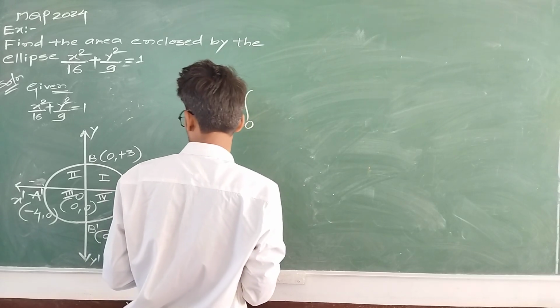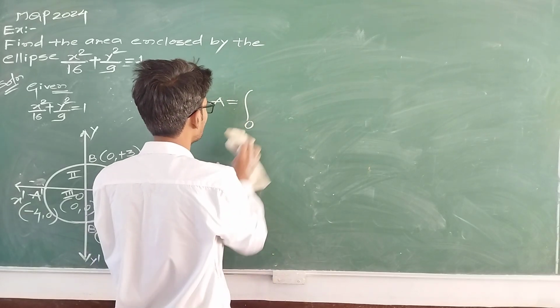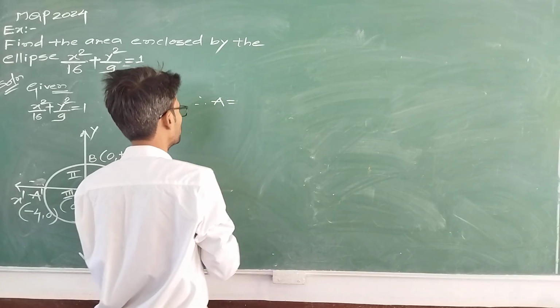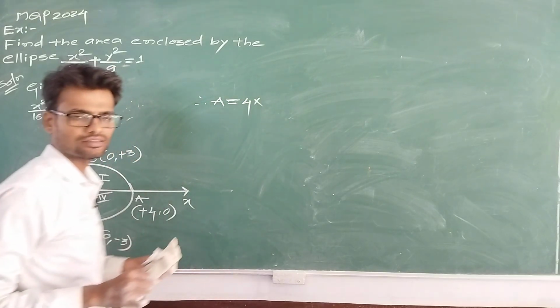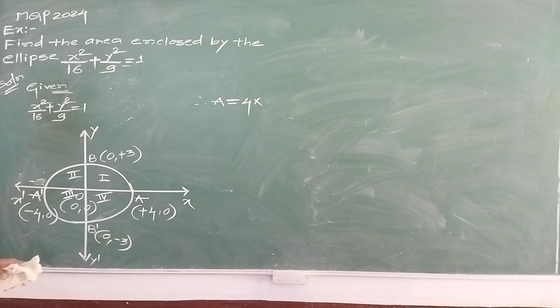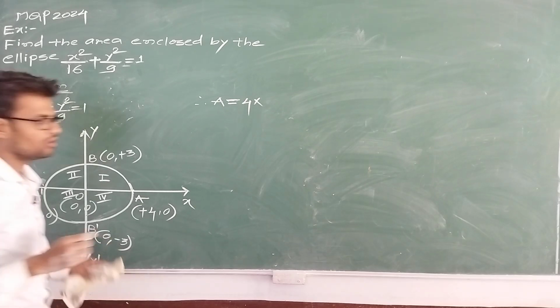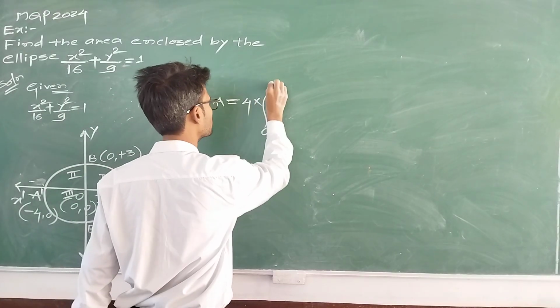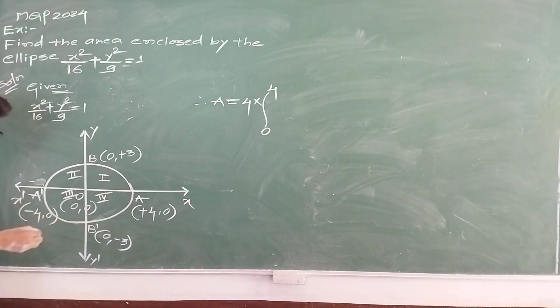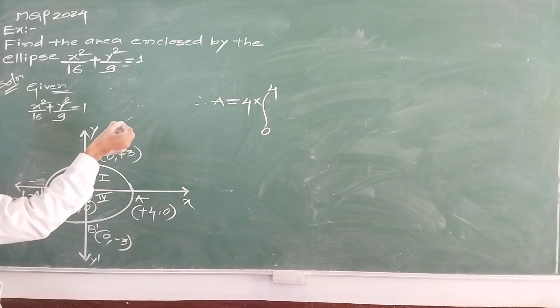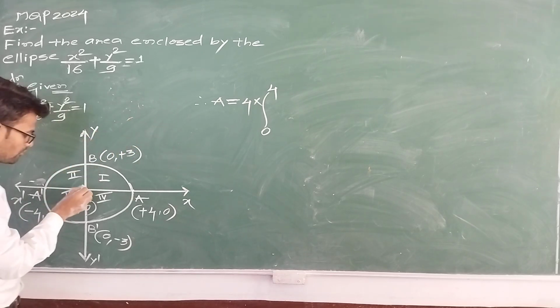Why did I write 4 into? Because we are having 4 equal parts. So hence I took area A equal to 4 into the integration from 0 to 4.